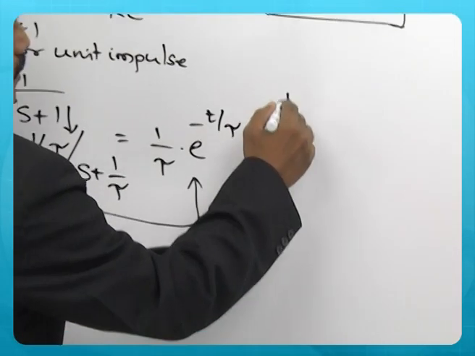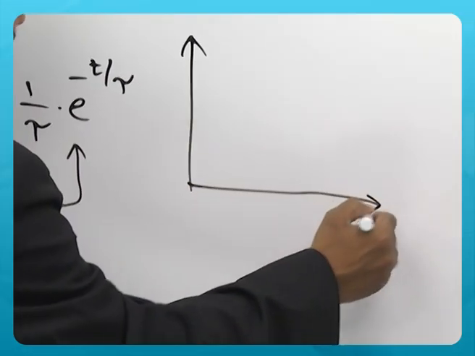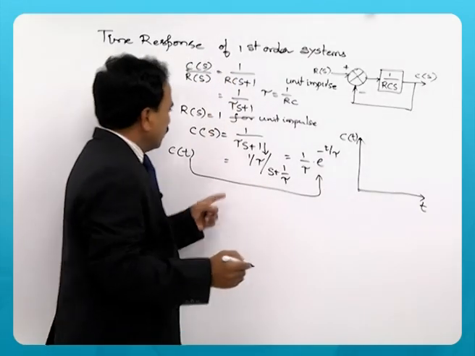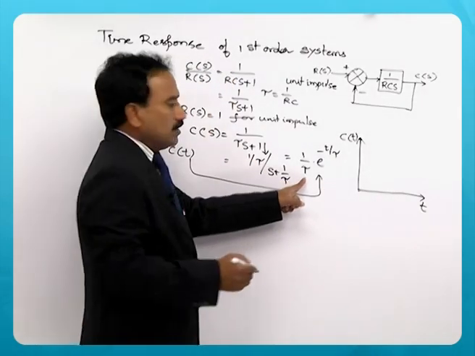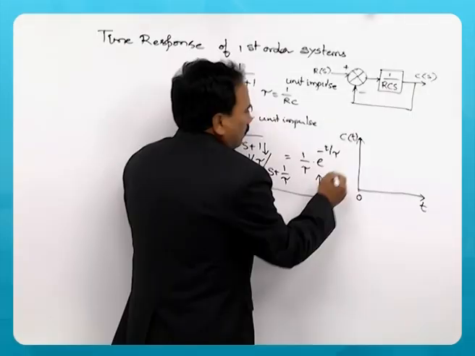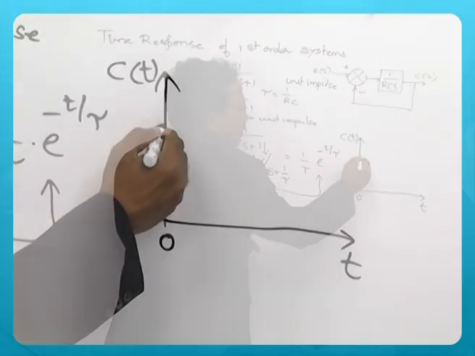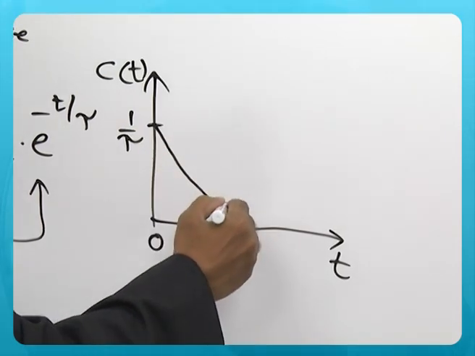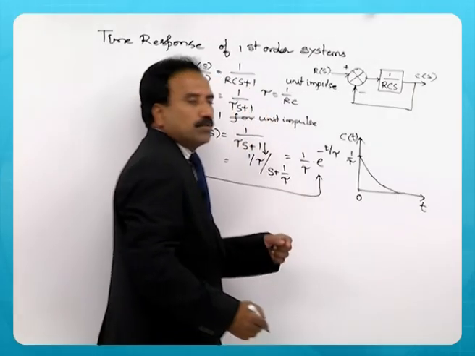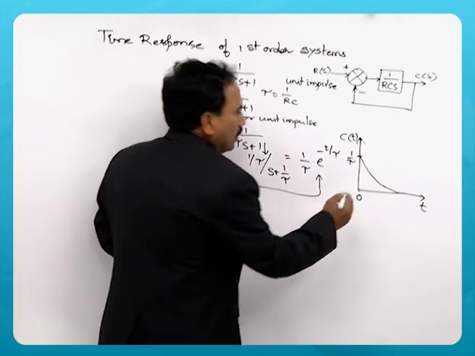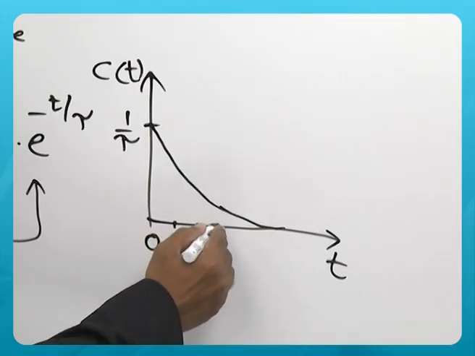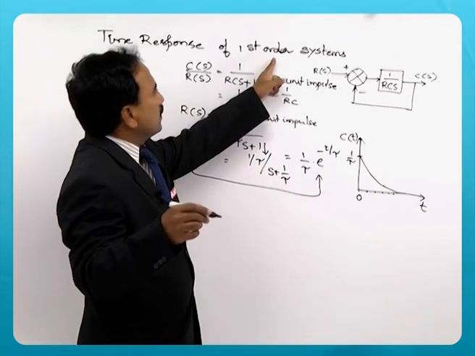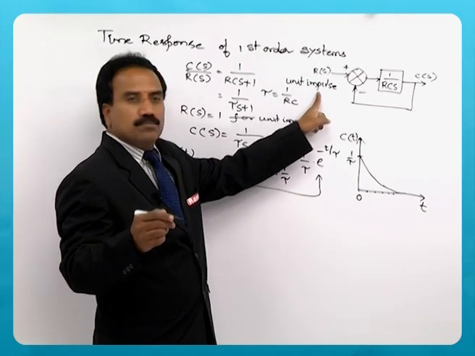Now, if you see the impulse response C(t), that function is 1/tau, means when t equals 0, the magnitude of this signal is 1/tau and this will decay as time approaches infinity. So, you are increasing the time because it is a time response of a first order system for impulse input.